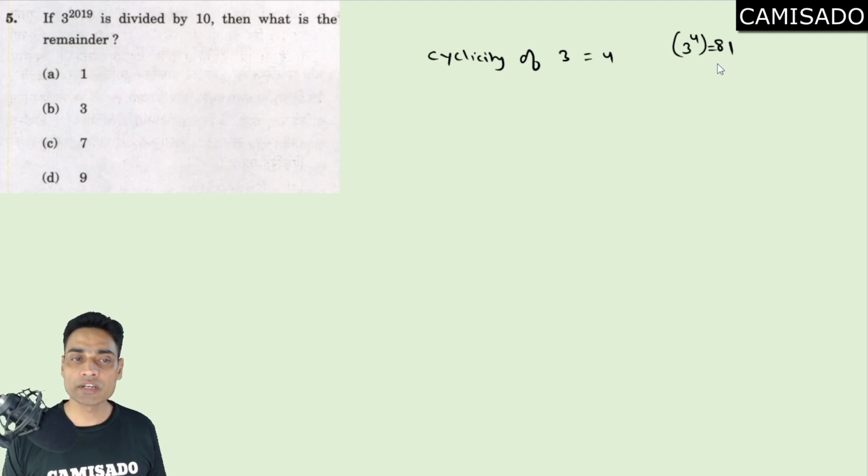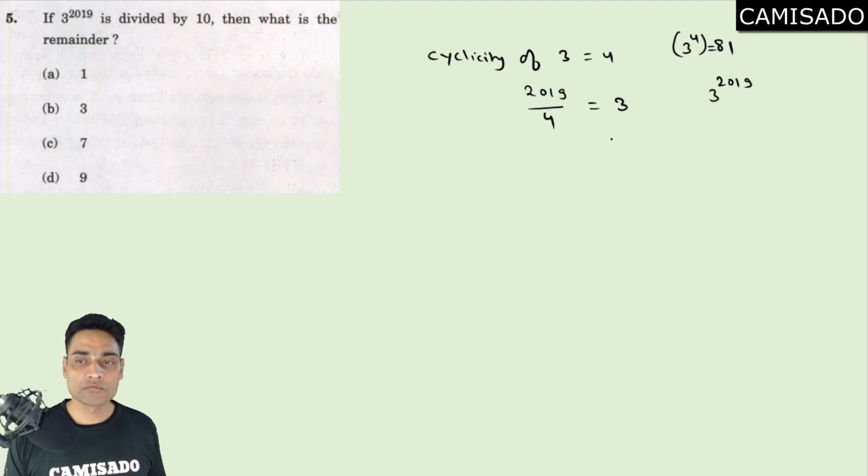We have to focus on the remainder, so the unit digit is most important. One way is cyclicity. If we know the cyclicity is 4, then divide the power 2019 by 4, and you will get the remainder as 3.